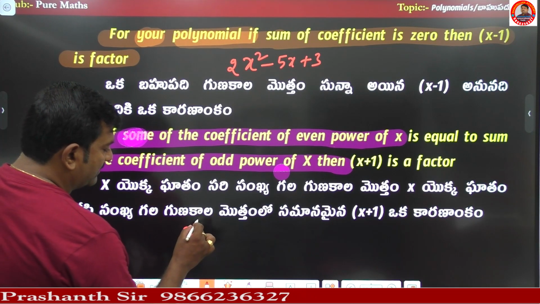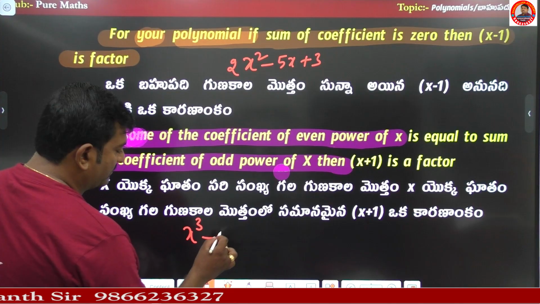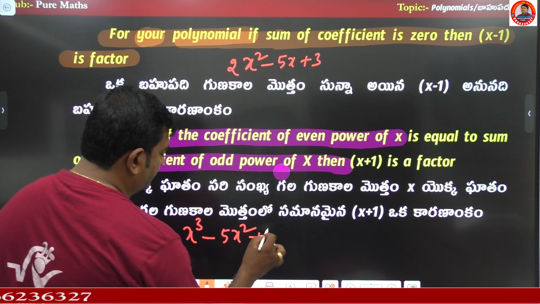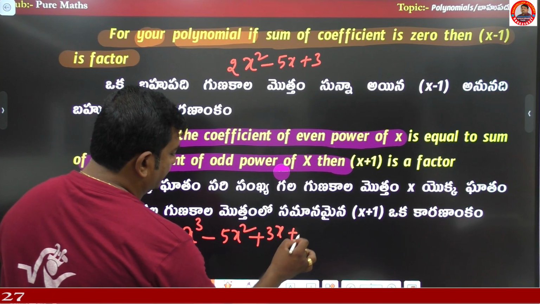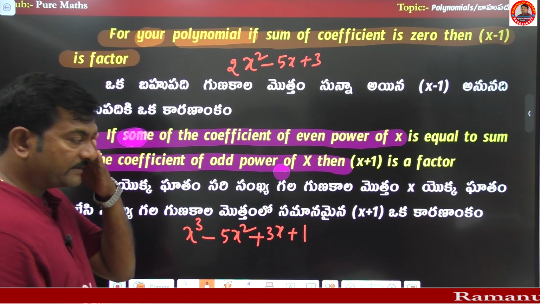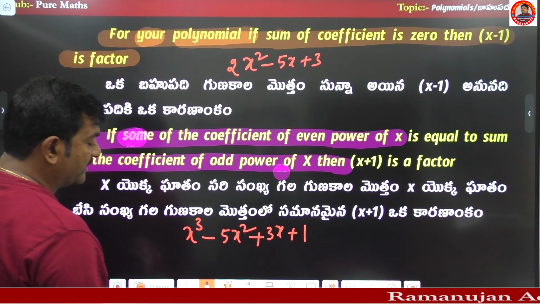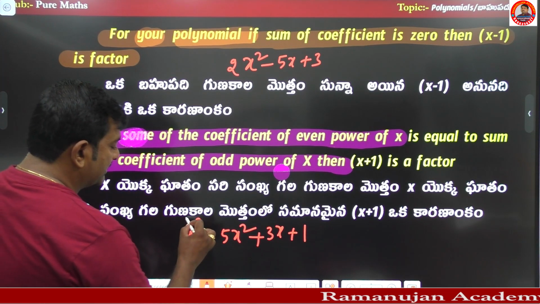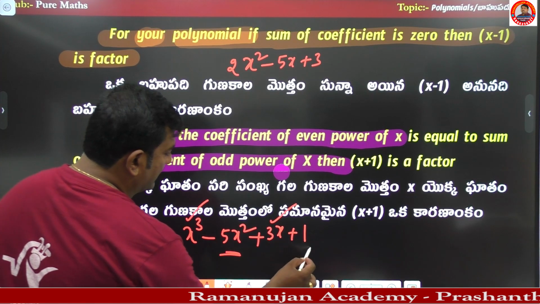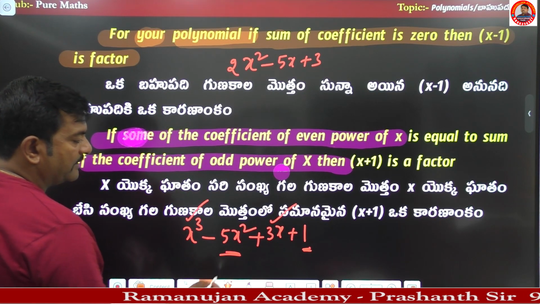I'll give one small example for better understanding. See here, I am taking x power 3 minus 5 times x square plus 3x plus 1. Now we'll try to understand the even power of x and the odd power of x. This is an odd power, this is also an odd power. This is an even power and this is also an even power.